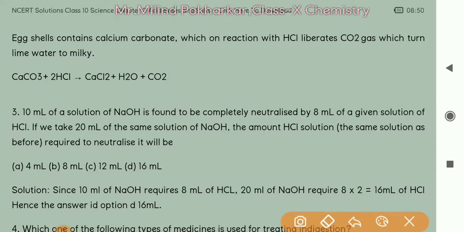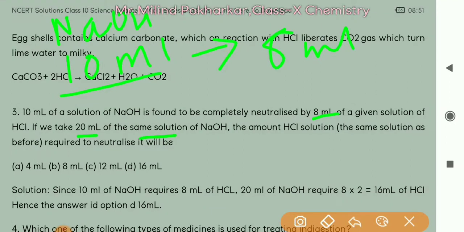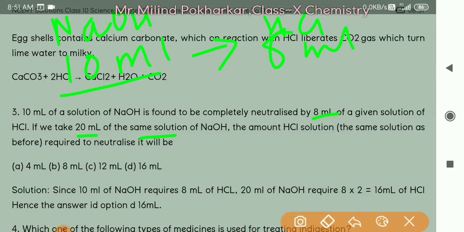Next question: 10 ml of a solution of NaOH is found to be completely neutralized by 8 ml of HCl. If we take 20 ml of the same solution of NaOH, how much HCl is needed? When 10 ml NaOH was taken, we used 8 ml HCl.